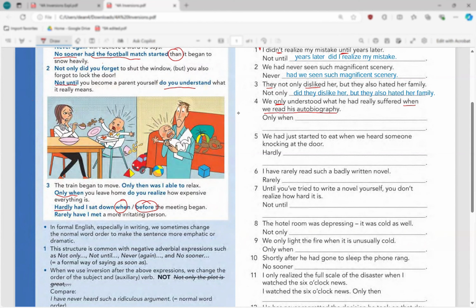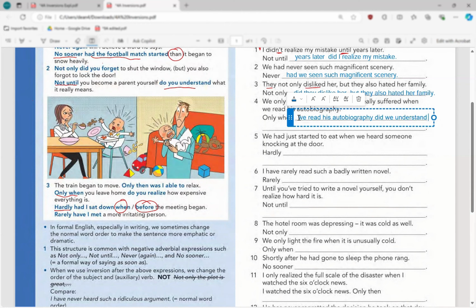And then we understood, past simple, so we invert it with did. Only when we read his autobiography did we understand what he had really suffered. That's it.